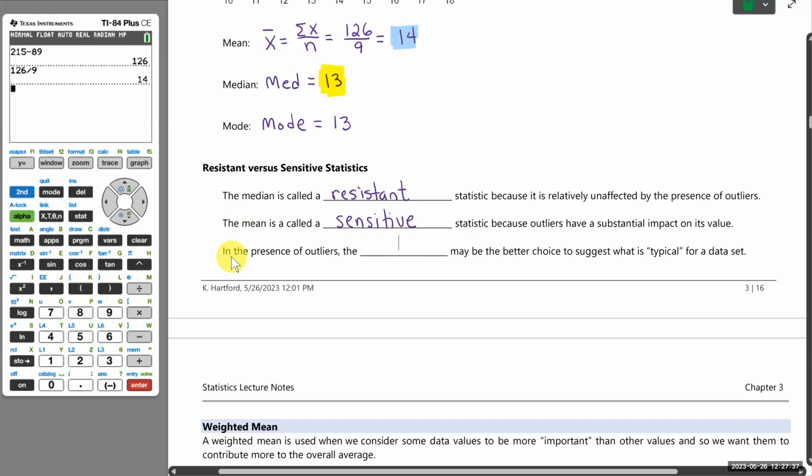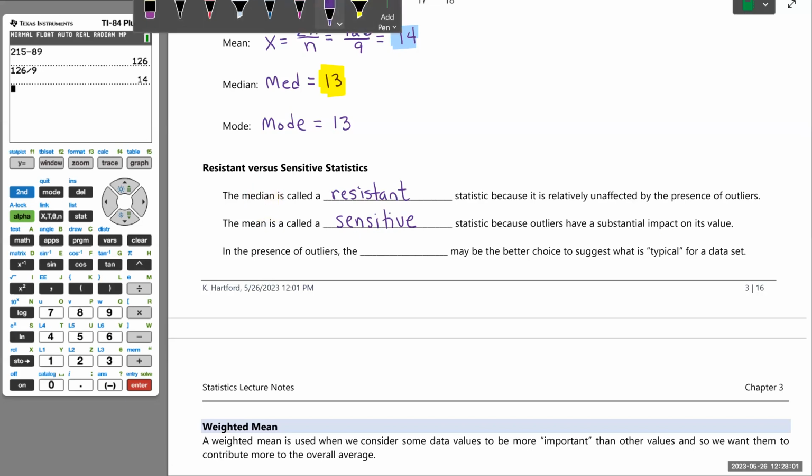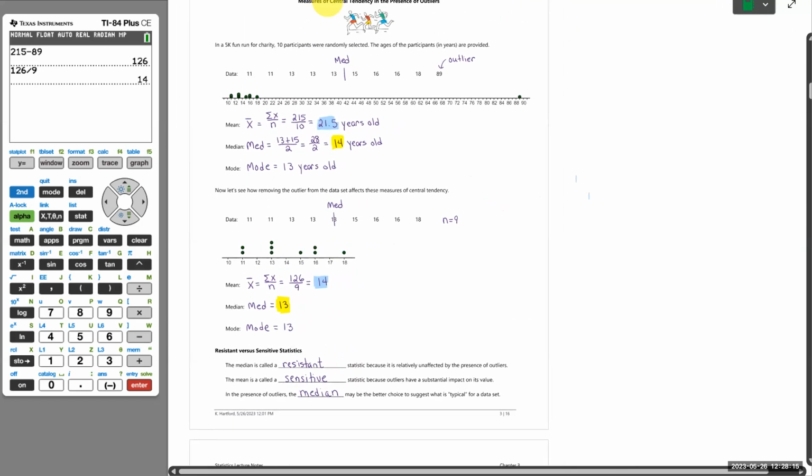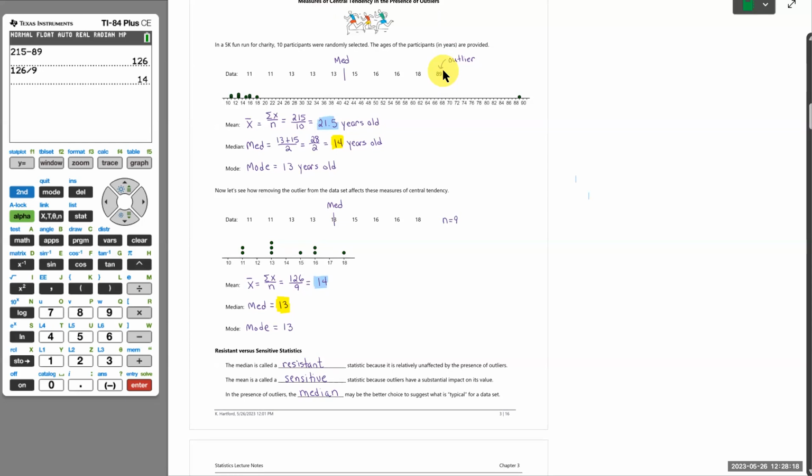So if we're working with data sets and we are aware of outliers, or we're studying a population where we know that outliers are highly likely, then rather than using the mean as the choice for what's typical in the data set, it's often the better choice to discuss the median, because it is not as impacted by the presence of potential outliers. All right, so there we have it: a good review of mean, median, mode, and how outliers can affect those measures of central tendency.